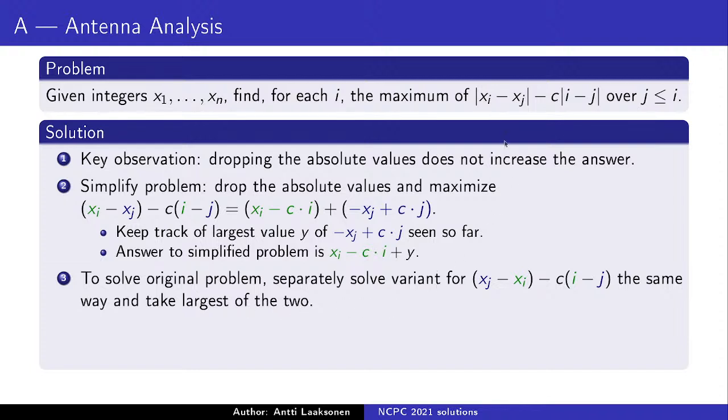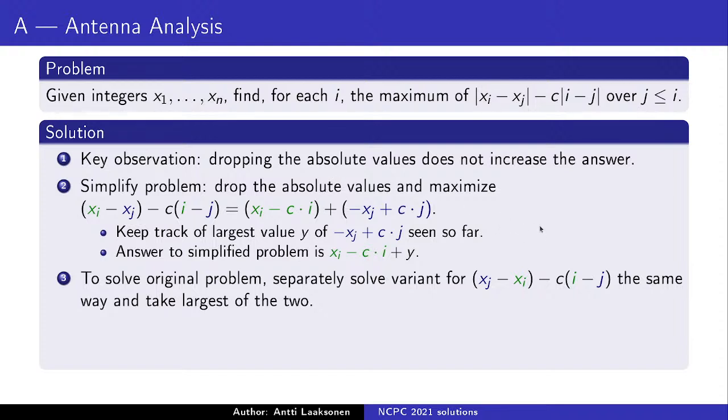This will give the right answer, because if we think about the j that maximizes this expression that the problem asks about, that j will either have xj less than xi, and in this case the first simplified problem will give the right answer, or that j will have xj greater than xi, and then the second one will give the right answer. And because of this key observation, neither of them will give a too large answer. One of them will probably give a too small answer, but one of them will give the right answer.